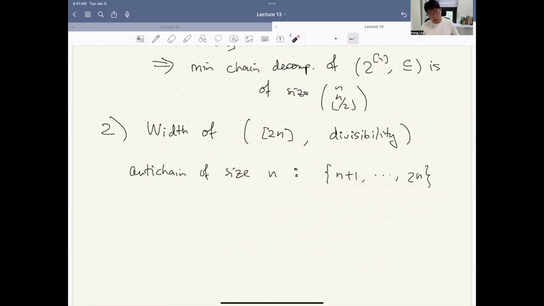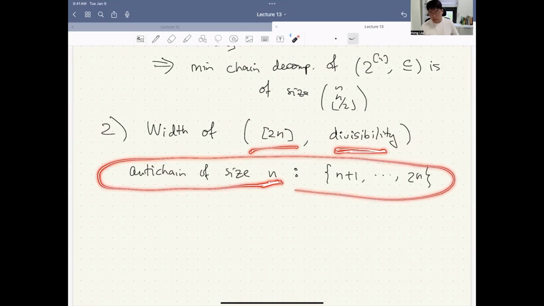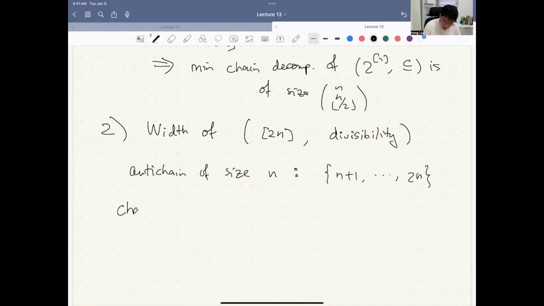Very simple. So if we can somehow find a chain decomposition of this 2n by divisibility chains of size n, then we know this will be the largest anti-chain. So here is a chain decomposition of size n.